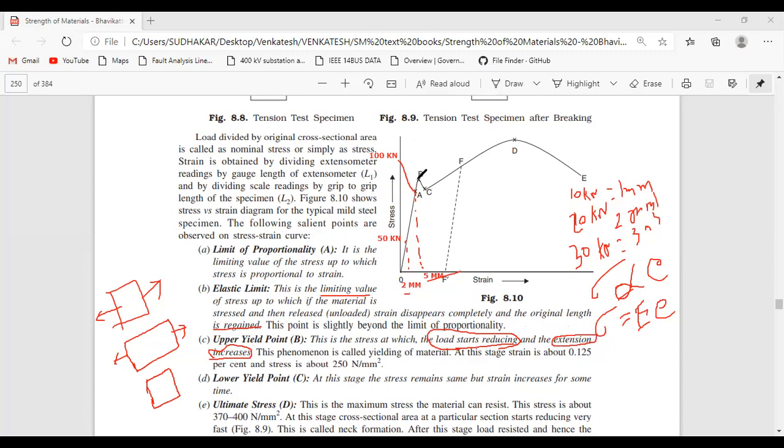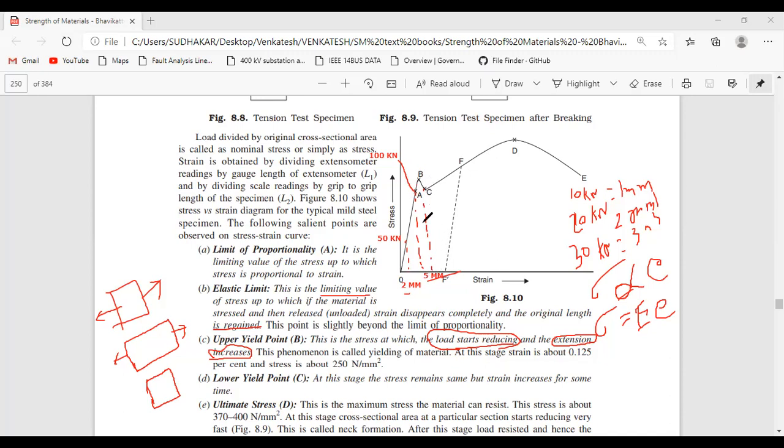Just have a look at the graph. After the point B, the stress is going to reduce in magnitude. Even with the reducing magnitude, the corresponding strain increases, from 5 mm to 10 mm.